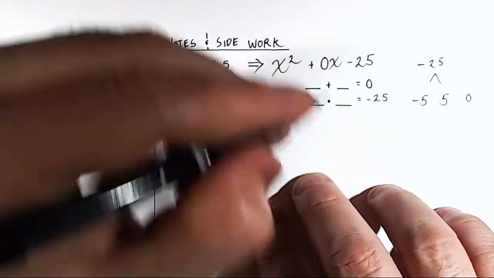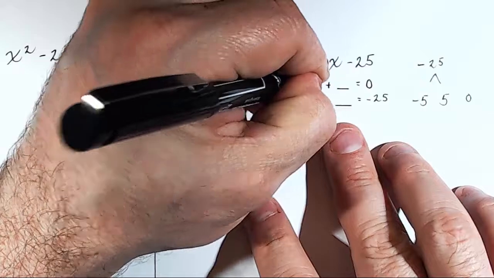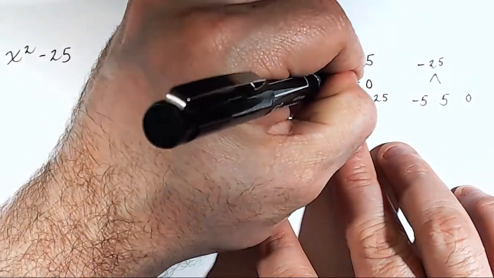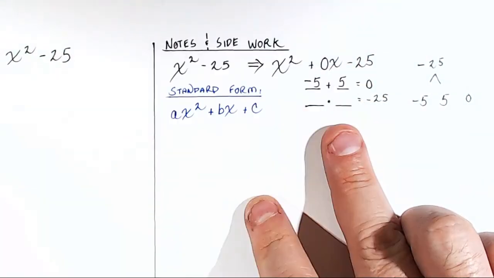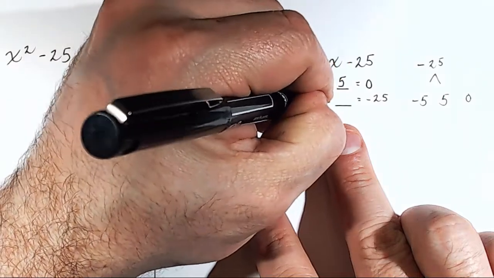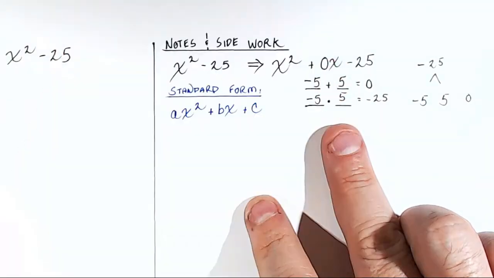So your factors are negative 5 and 5. Negative 5 plus 5 is 0.